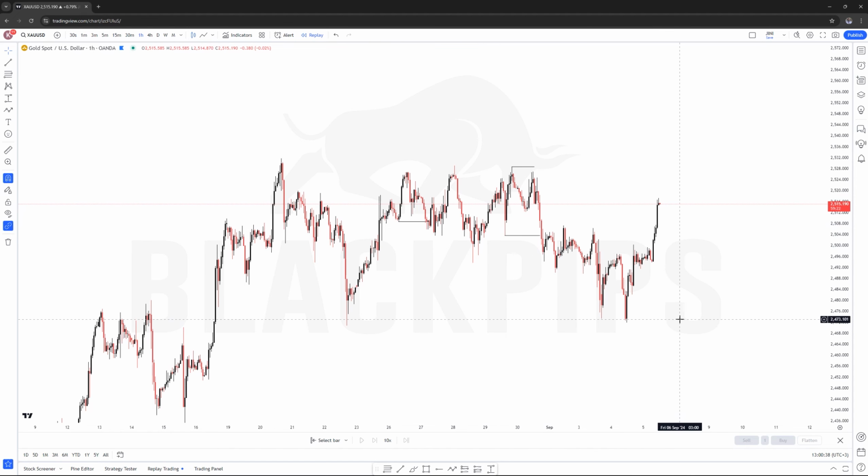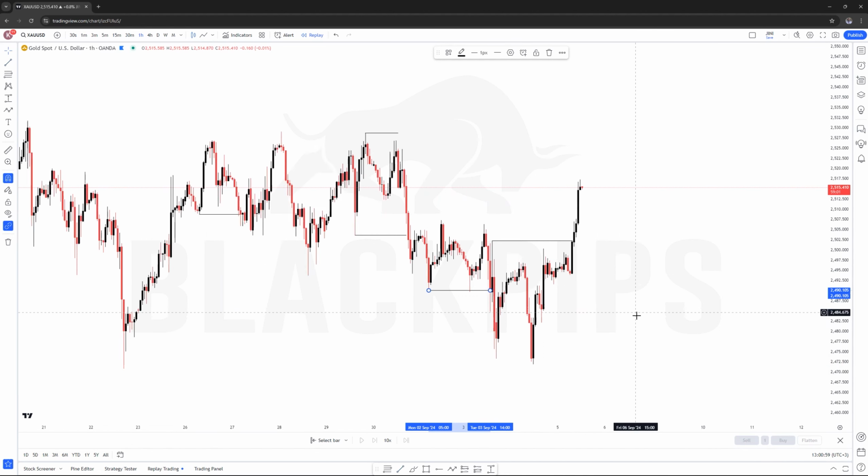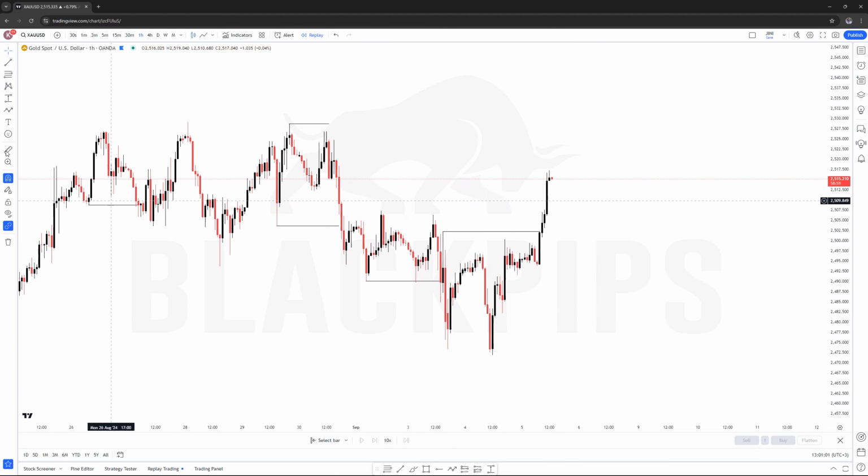But also in this low here, what I can see is that I have my transition from this point. This point here, this is my transition, because what you can see here is that yes, this was the low, and as you can see, this low was already broken. After this low was broken by these two candles, this low was also broken, but this low was not yet broken.